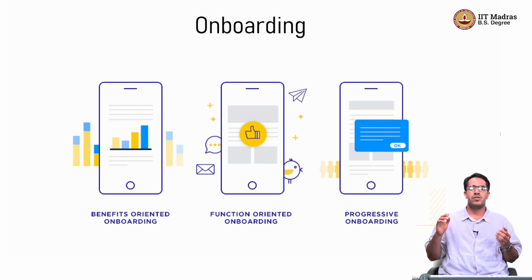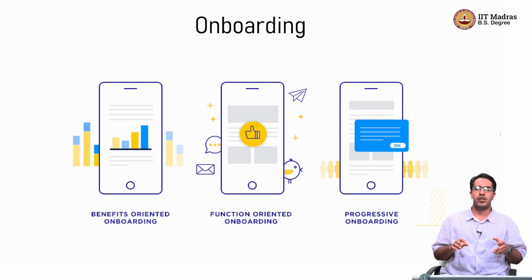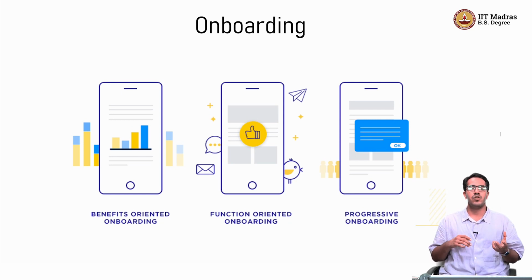This is used if your mobile app has a large number of features for your user to learn. The third and possibly the most important one is progressive onboarding. Progressive onboarding shows mobile app users the features in a particular sequence. If your app has complex functionality, this type of onboarding is the best.